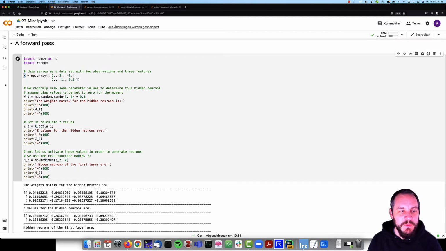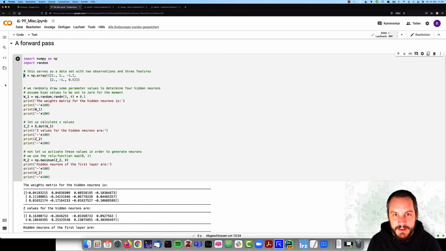So if we multiply a 2 times 3 matrix, which is the input matrix with the data, with a weight matrix of dimensionality 3 times 4, then we end up with a 2 times 4 matrix.